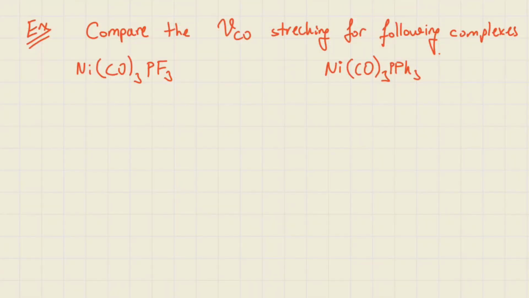And compare the CO stretching for the following complexes. We have two different complexes, and in the previous video I explained PF3 is a pi accepting ligand, and it is a weak sigma donor ligand.